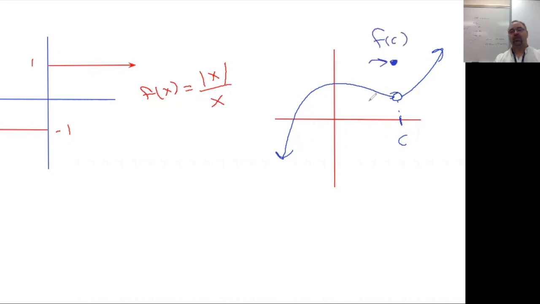As we approach left and right, f of c exists. There's a limit, we'll call it L. Sure, no problem. But the problem is the function value at c is different than the limit, so that function is not continuous. I'm not going to belabor that too much, just so that we're mentally refreshing ourselves in terms of what continuity means.